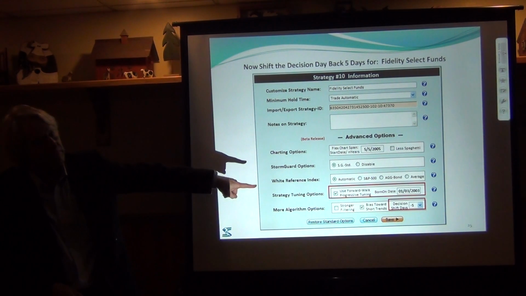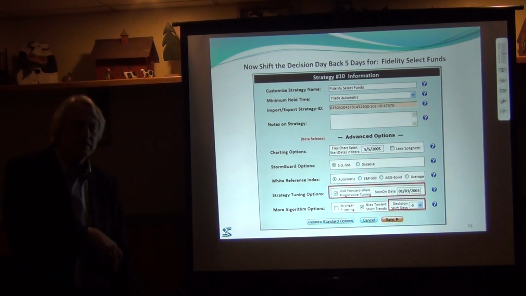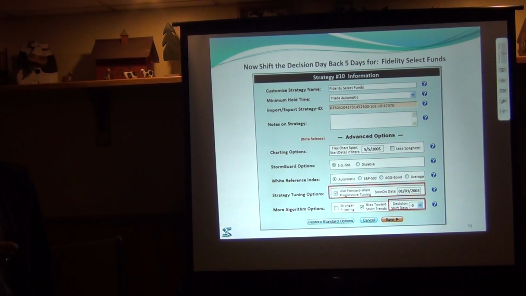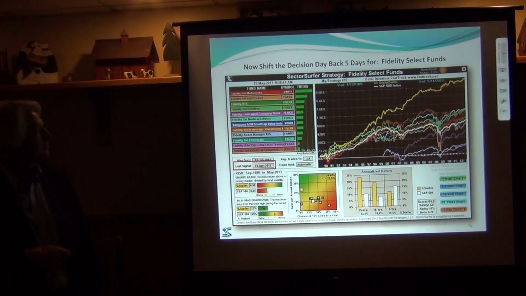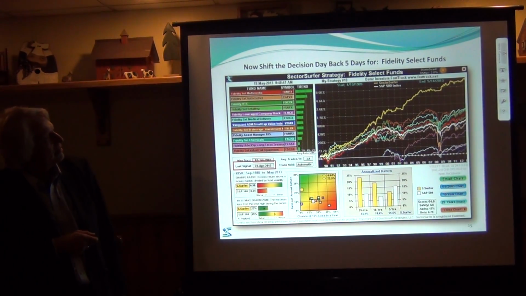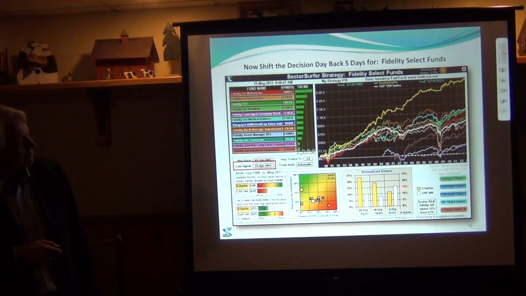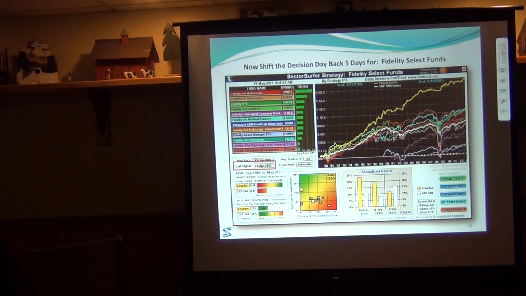And in this case, I put -5 on here, and give us a click there, Maestro. And so you'll see that it really had a kind of a profound effect on knocking some performance off there. And you also see over here that the last signal is now the 23rd of April, not the 28th.